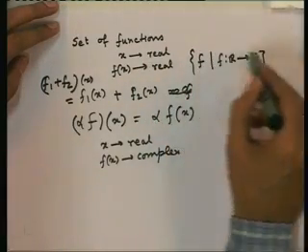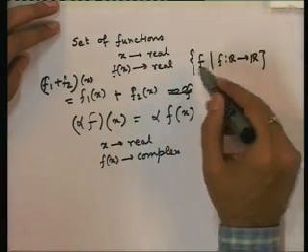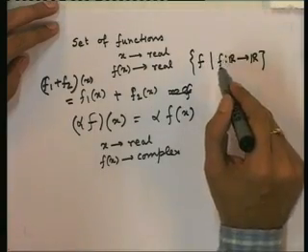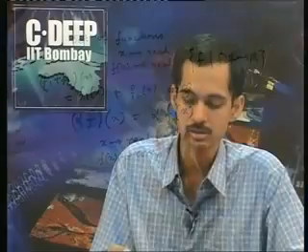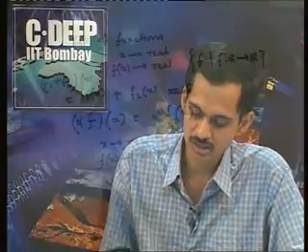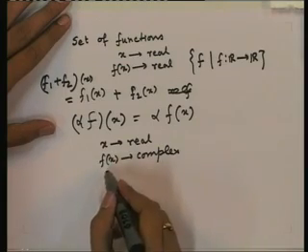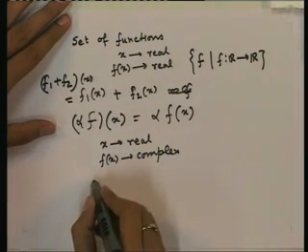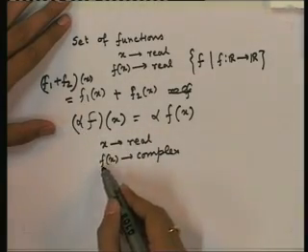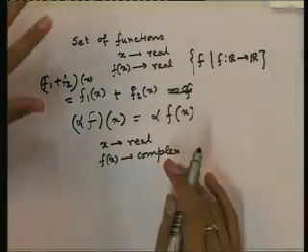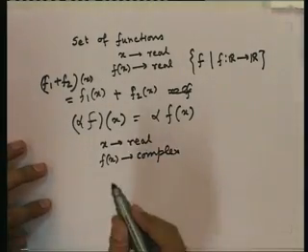So the set of all real signals, continuous time real signals, are basically all these real functions of real numbers, and the set of all real signals actually forms a vector space, and similarly the set of all complex signals of this kind forms another vector space. So we can again add two functions, we can multiply any function by a complex number, we will get another complex function. So this will also give us another vector space.